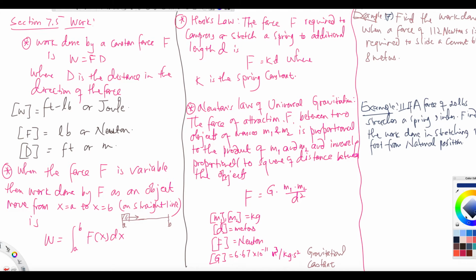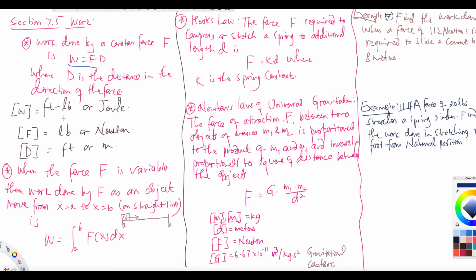distance. For a constant force, the work done by a constant force F is W equals F times D, where D is the distance in the direction of the force. W is the work done, its units will be foot-pound or joule. Force's unit will be pound or Newton. And D is the distance, its unit will be feet or meter.